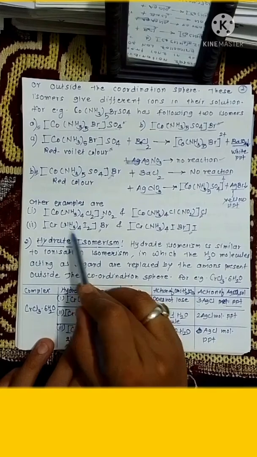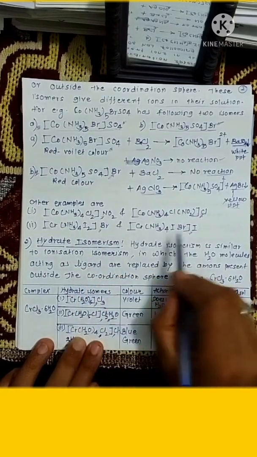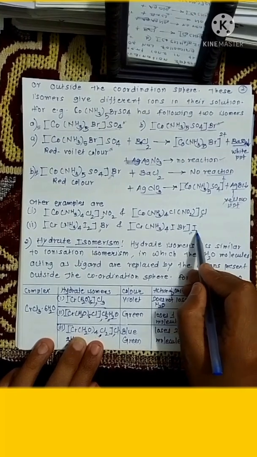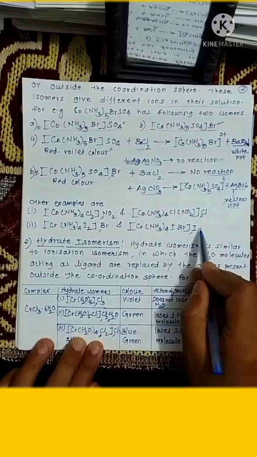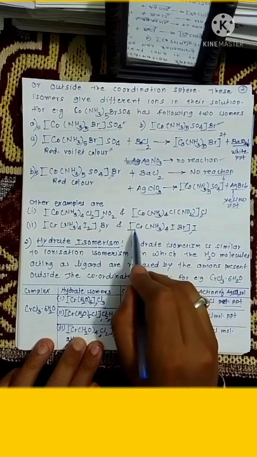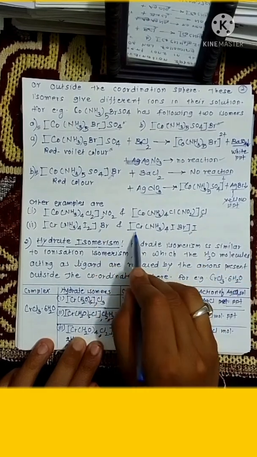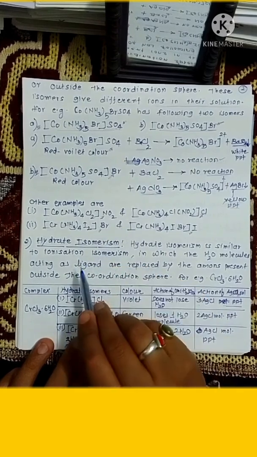In this case, bromine is the counter ion, while in this case bromine comes inside the coordination sphere and one of the iodine goes outside the coordination sphere. That's why these two complexes are ionizable isomers of each other.